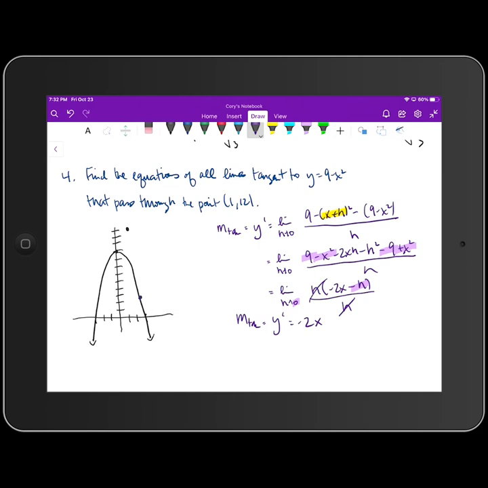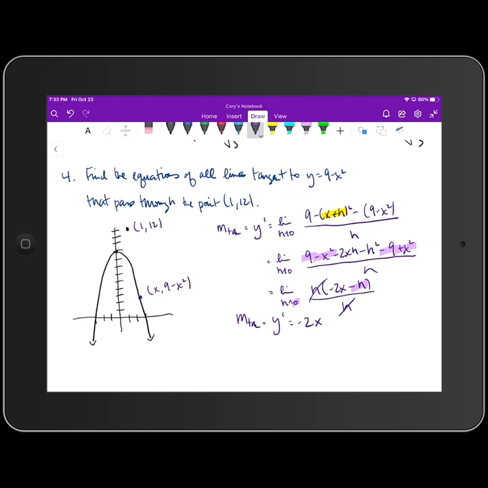So the point where our tangent line touches the curve is going to be some point (x, y), which in this particular case, y is 9 minus x squared. So our ordered pairs on the graph of our curve are going to be of the form (x, 9 minus x squared), and our tangent line also has to pass through the point (1, 12).